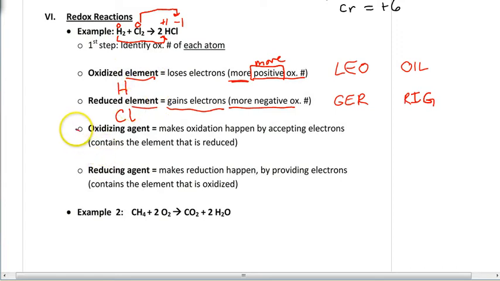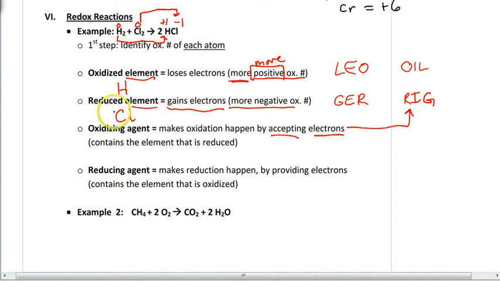We also want to talk about how this is possible. What makes oxidation possible and what makes reduction possible? Well, the oxidizing agent is kind of like a travel agent. If you want to go on a trip, the travel agent makes the travel possible. Here, the oxidizing agent makes oxidation possible by accepting electrons. And remember, accepting electrons is gaining electrons.